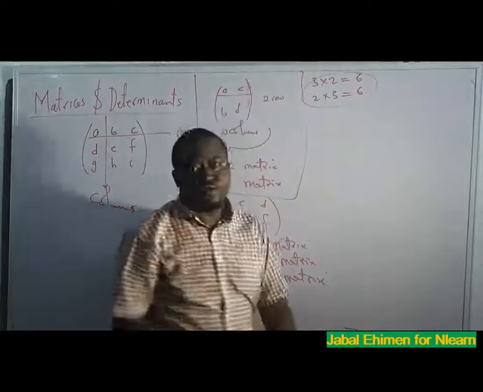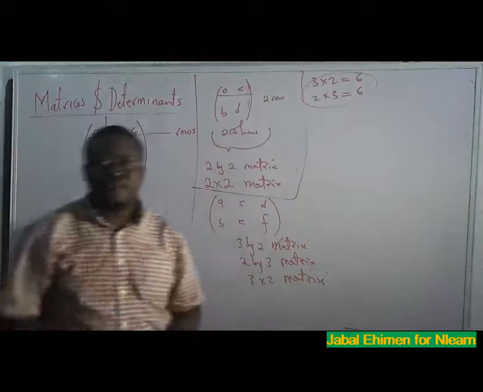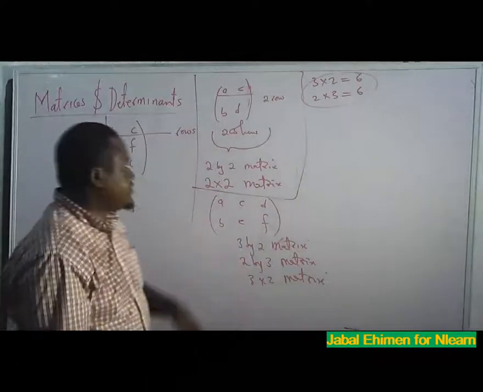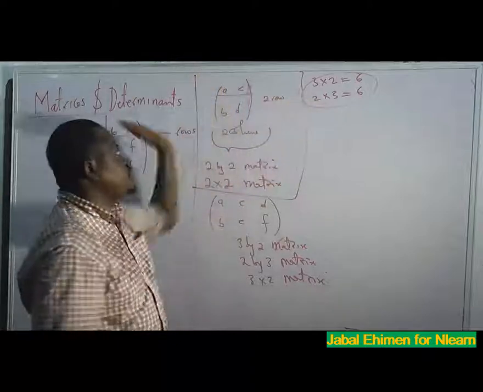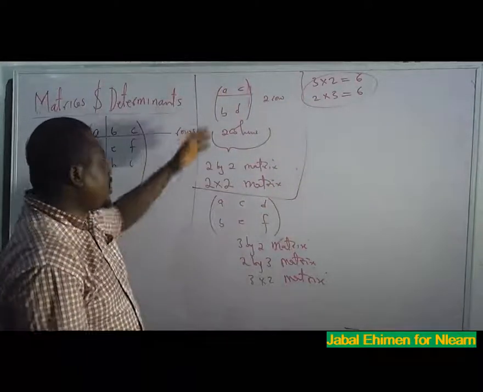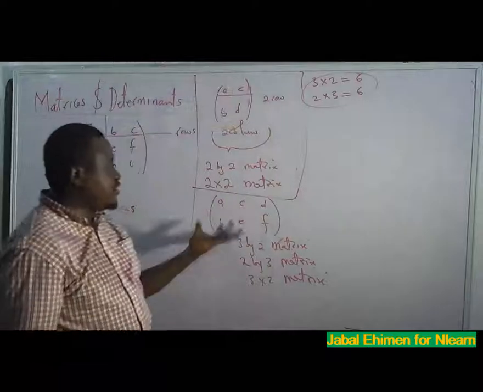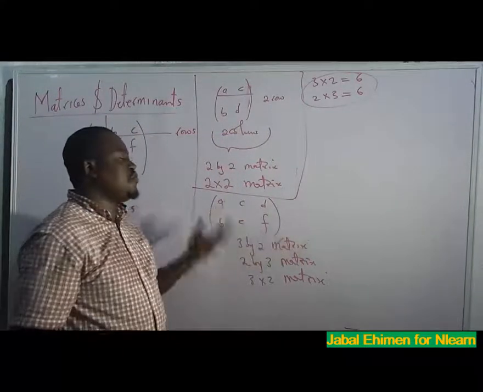Now, from here, this is the definition of a matrix. You can take it from here: rows, columns, rows, columns. So whenever you see something of this nature, you can call this a 2 by 2 matrix, and you can call this a 3 by 2 matrix, or a 2 by 3 matrix.